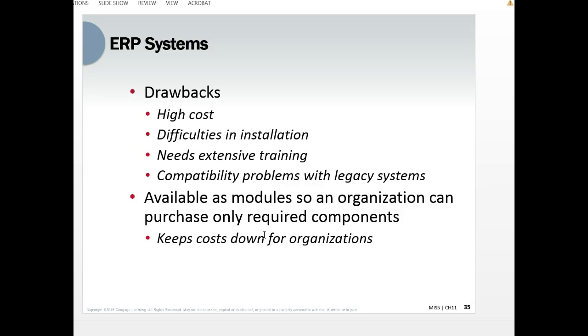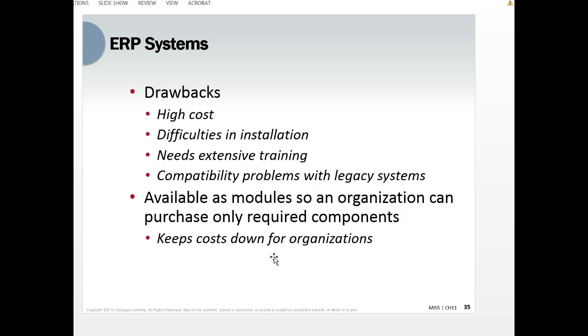They don't have to buy all of these modules and then implement module by module. So it can keep the costs down for the organization. They can just maybe buy a couple of functions that they need.